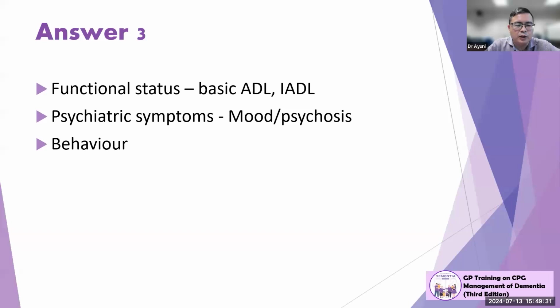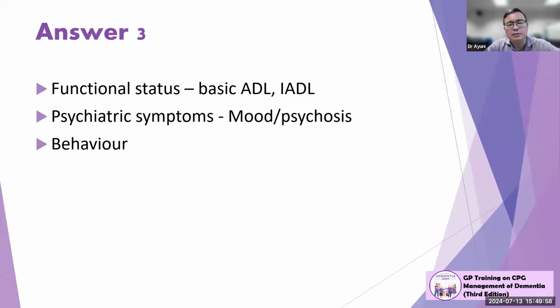So we need to determine not only the cognitive part, we also need to know the functional status of the patient. We have to go into the basic ADL. What can the patient do at home? Things such as eating on his own, going to the bathroom, right? Passing motion, passing urine. Can the patient clean up properly? Then you go to instrumental activities of daily living.